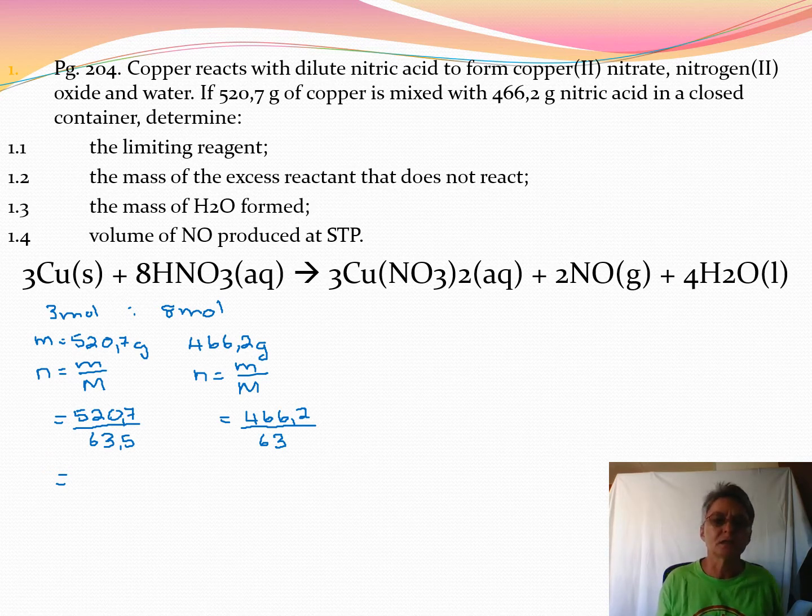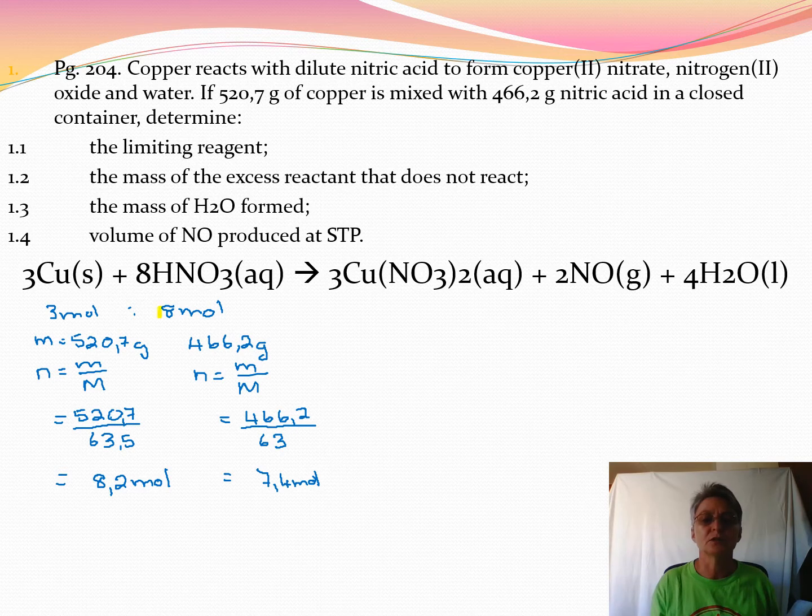That gives us 8.2 moles. And the moles of nitric acid is 466.2 divided by 63, so that gives us 7.4 moles.